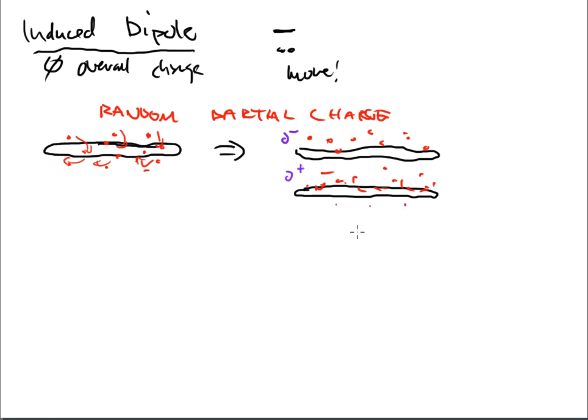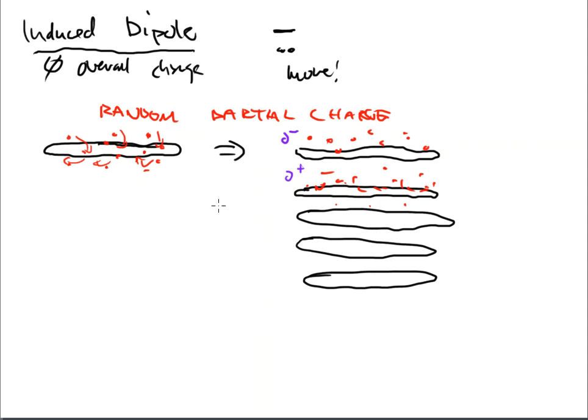And the domino effect continues. It will continue to affect each neighbor as that goes on. And we get these partial negative, partial positive, partial negative, partial positives all the way down the chain. That creates glue. That creates a way for these molecules to stick together.